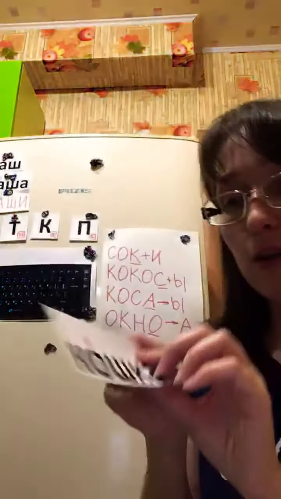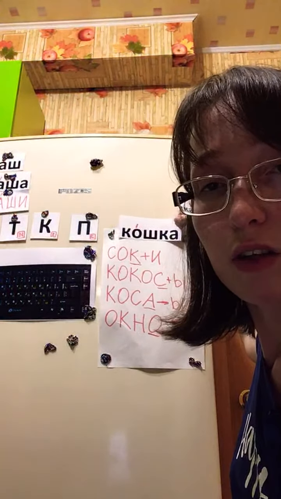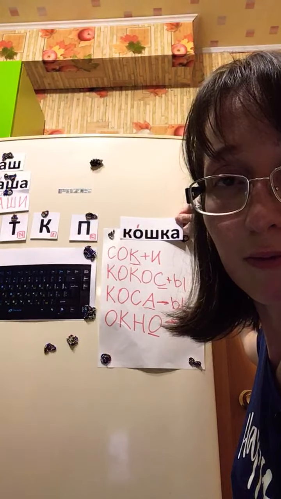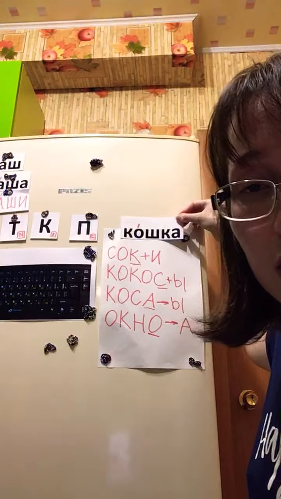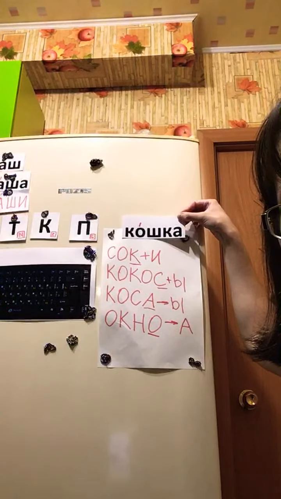And which word will we use for our cat? Наш, наша, or наши? Our cat, yes, наша. Наша кошка, our cat. And make a plural noun. How do we get a plural noun? Which letter will be in the end? Type it.